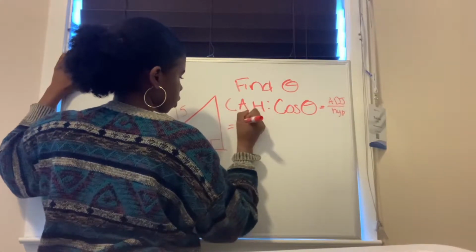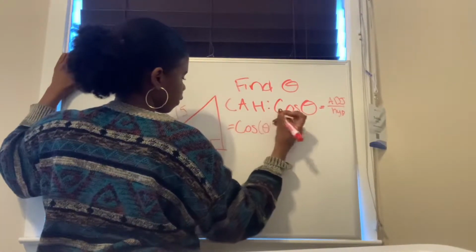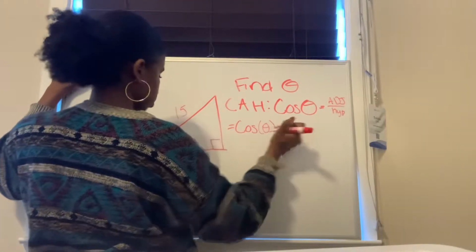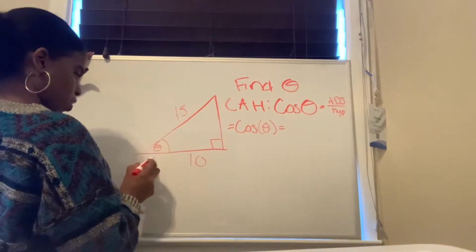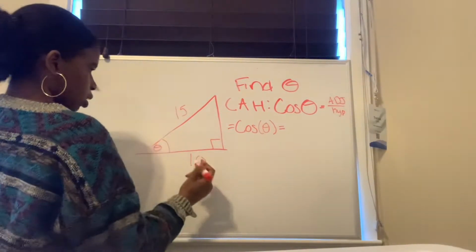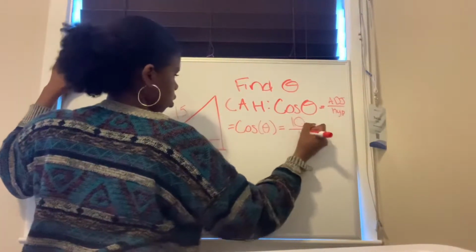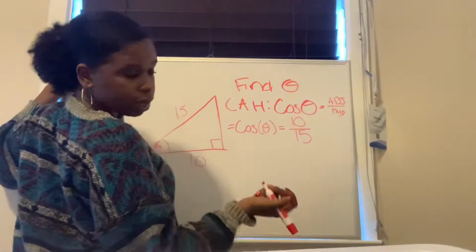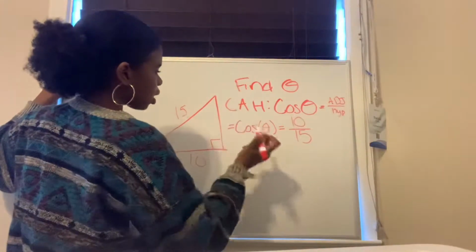So, cosine of theta equals adjacent. Which one is next to the theta that's not the hypotenuse? 10. So equals 10 over 15. Okay. Now we're a little bit stuck. We want to get theta by itself.